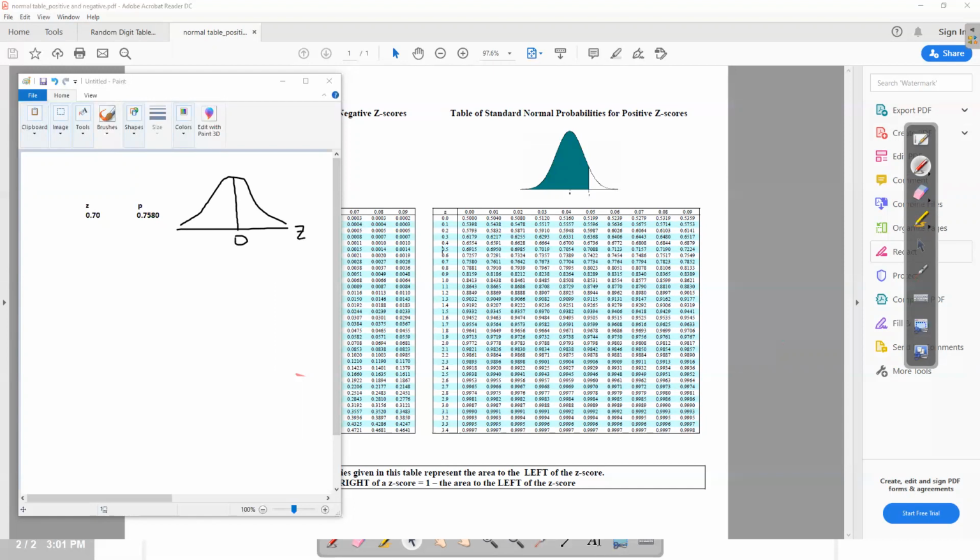This is a Z distribution. So when Z equals 0.70, then the probability to the left of that Z-score will equal 0.7580.